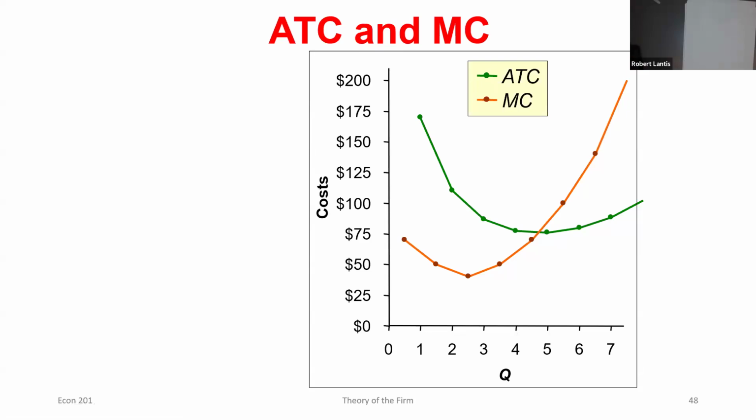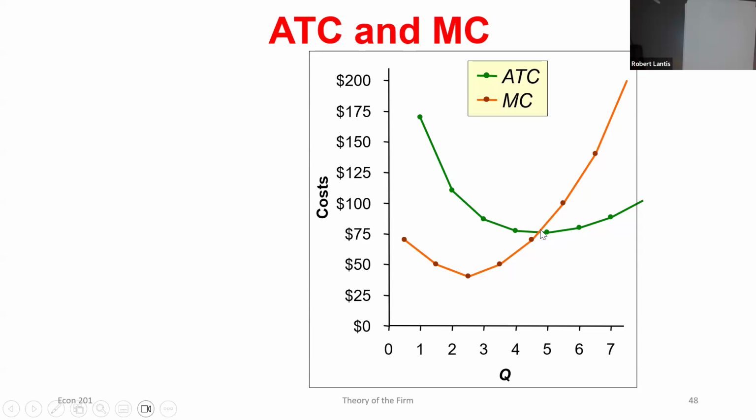Well, then my new average is going to be a little bit lower. So any quantity where my marginal cost is below the average total, my new average is going to be a little bit lower. The point where they'll intersect will end up being where the marginal cost intersects the average total cost at its minimum point. So that would be the idea.